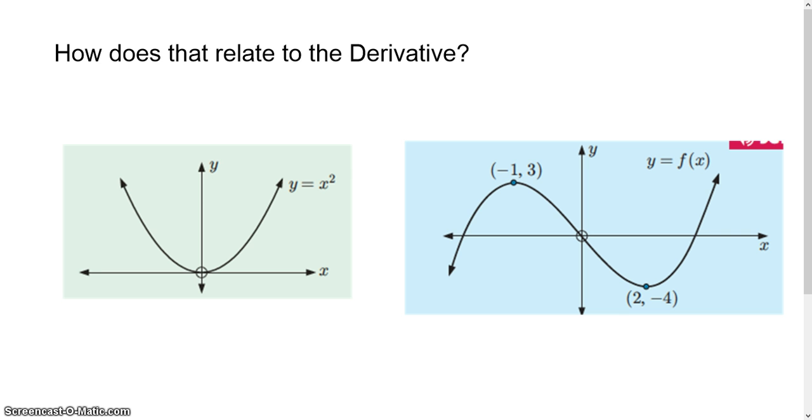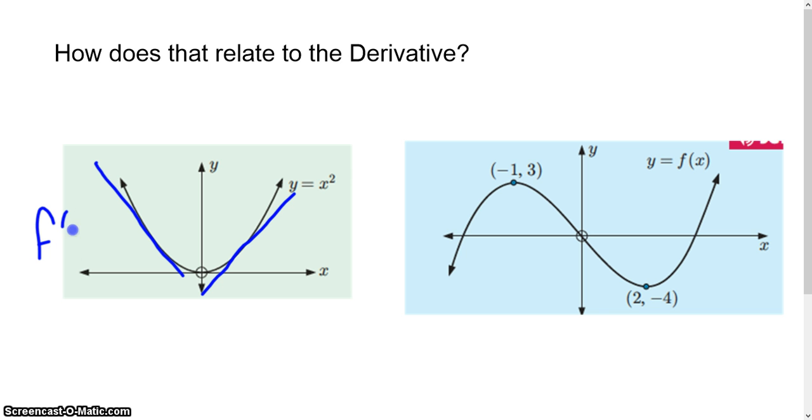Now, how does that relate to the derivative? Again, because our tangents are going downhill when it's decreasing or uphill when it's increasing, the slope of our tangent would be negative when decreasing.